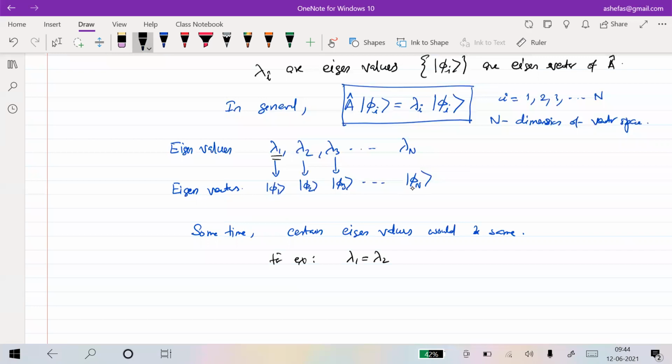If lambda 1 and lambda 2 are the same, then we can say that this eigenvalue is degenerate. Okay, so it has double degeneracy. If lambda 1 equals lambda 2 equals lambda, then we can say that lambda is doubly degenerate. So this is what is called the degeneracy of eigenvalues.